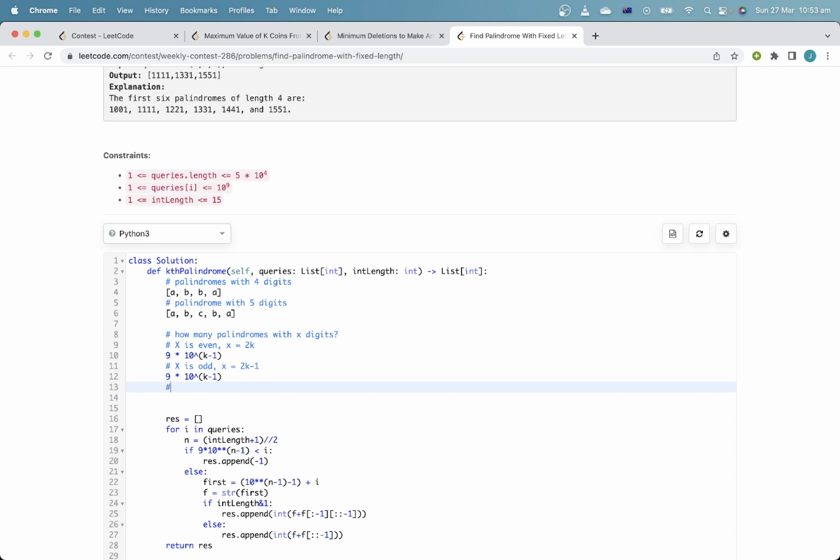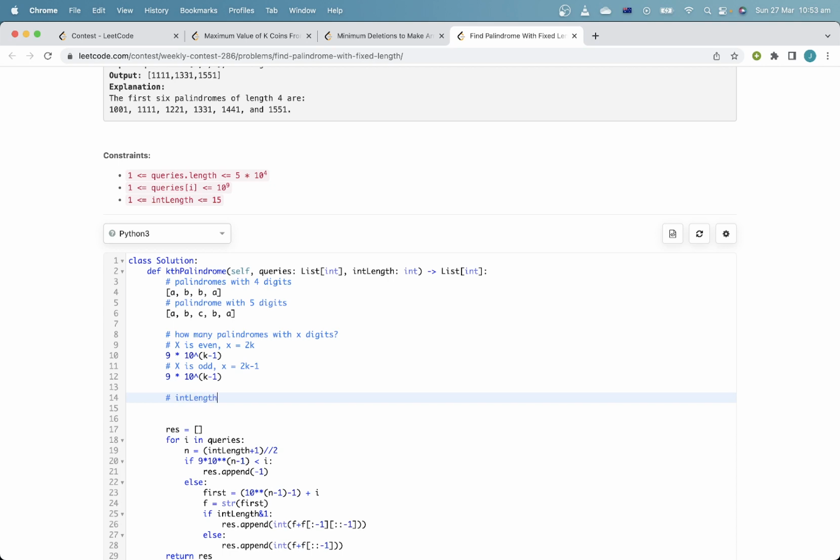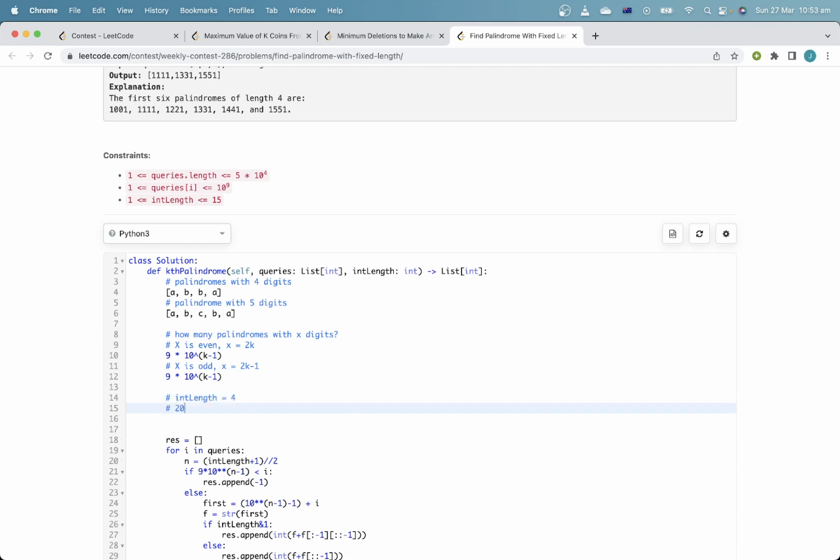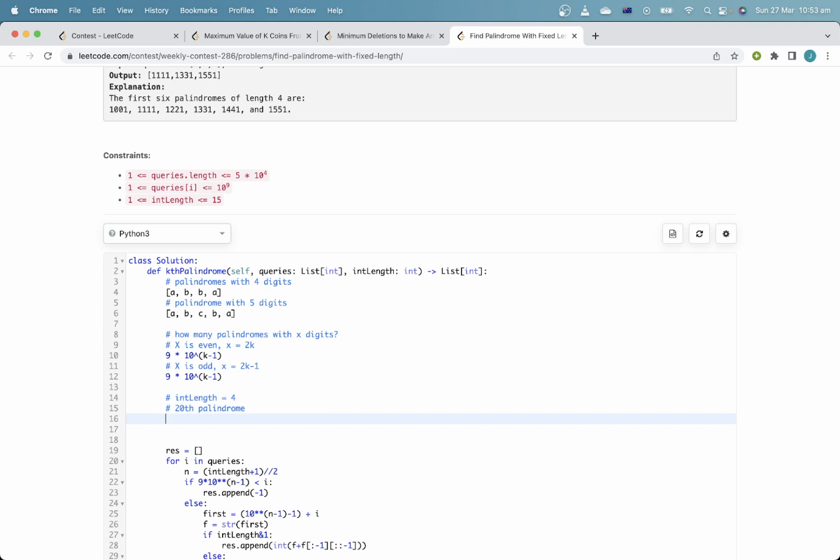Otherwise, let's work through an example. Let's say I have int length being 4, and I need to find the 20th palindrome. Well, since we don't care about the second half, we can pretty much just concentrate on the first half. We need to find the 20th 2-digit number that doesn't start with a 0.